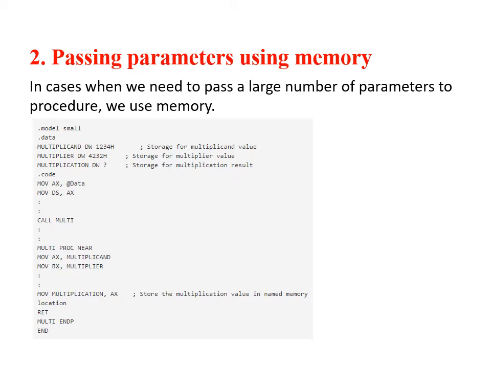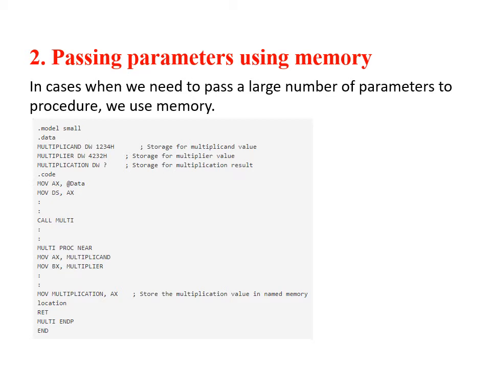Similarly, multiplier takes another 2 bytes of data with the value 4232H. Then, as in our previous examples, we invoke the procedure multi using the call command. Within multi, we directly use mov AX, multiplicand, and multiplicand is nothing but a memory space in which the value 1234 is saved.